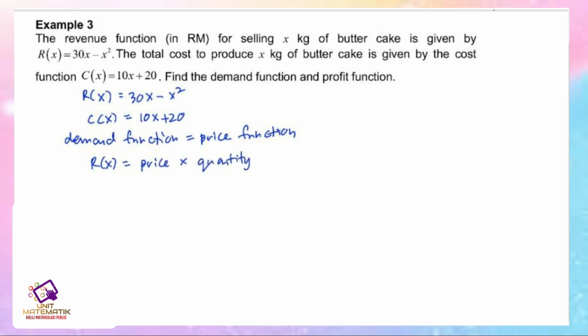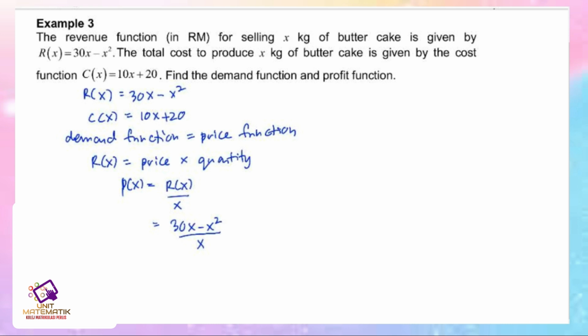So because we want to find the price function, your price P(x) equals revenue divided by quantity, which for this question is x. So take the revenue function (30x − x²) all over x. Simplify each term. So your P(x) equals 30 − x.